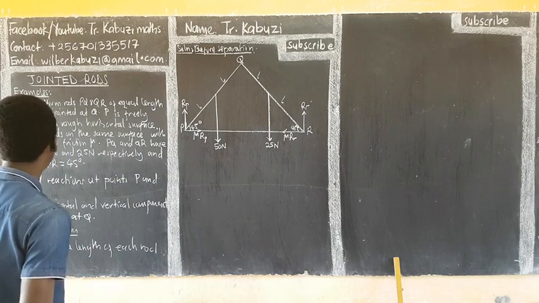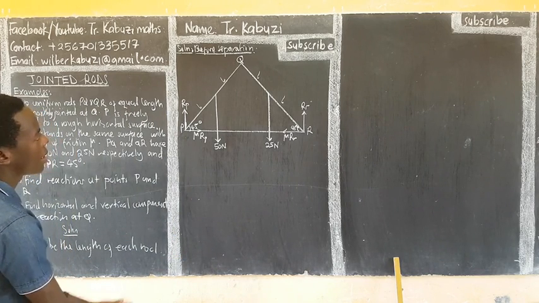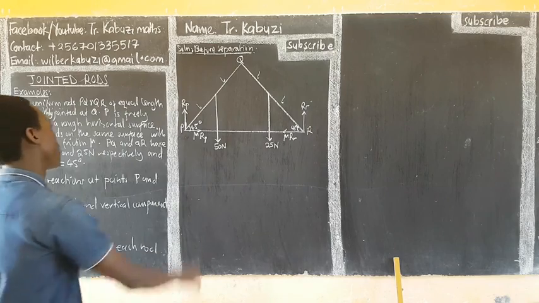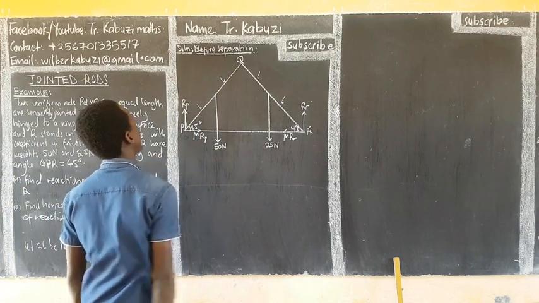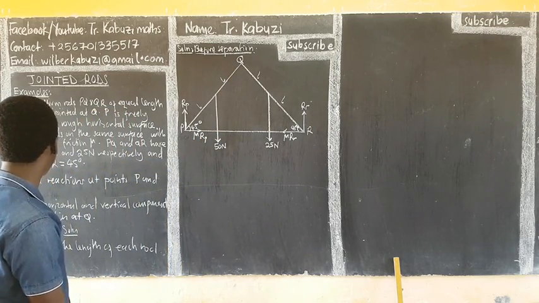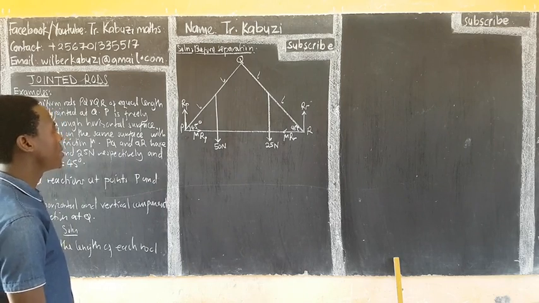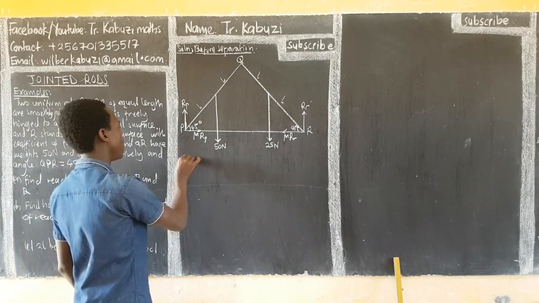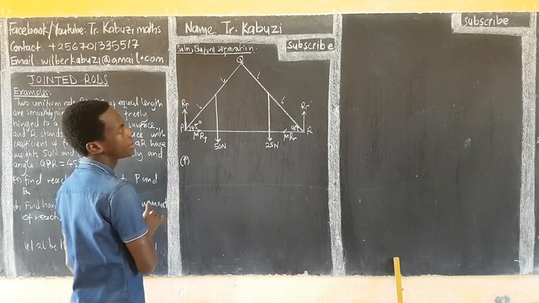So we are building the question. I think that's basically what we have. Now find the reaction at Q. To get the reaction at Q, first resolve upwards.